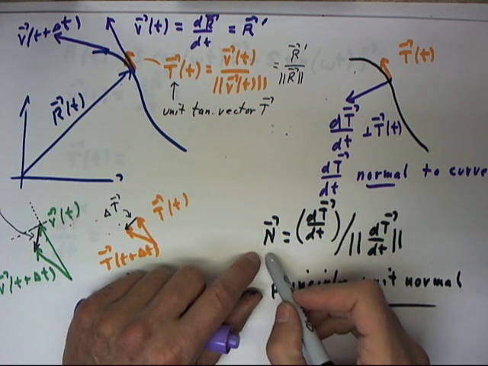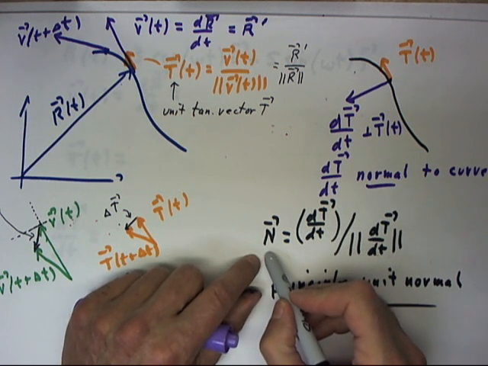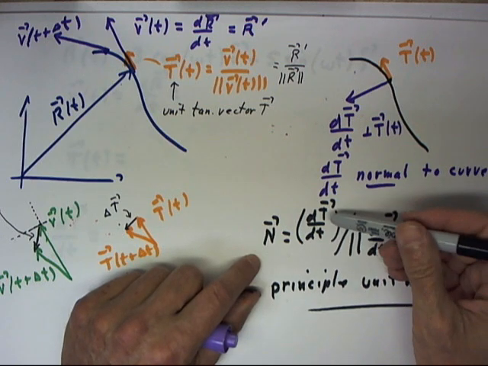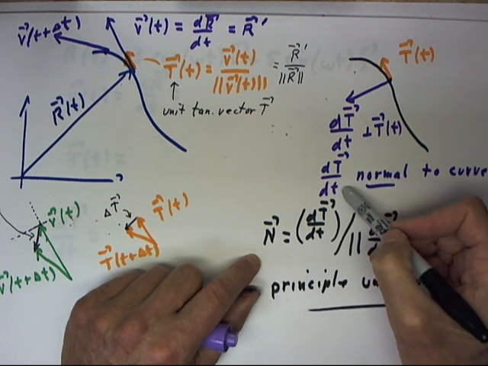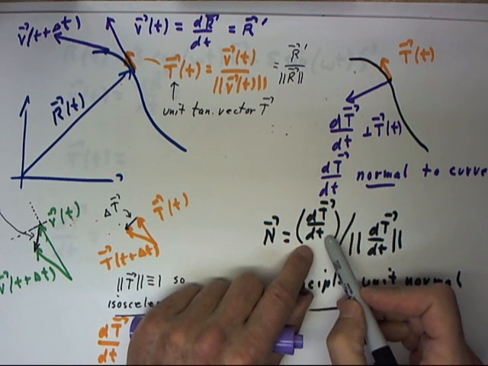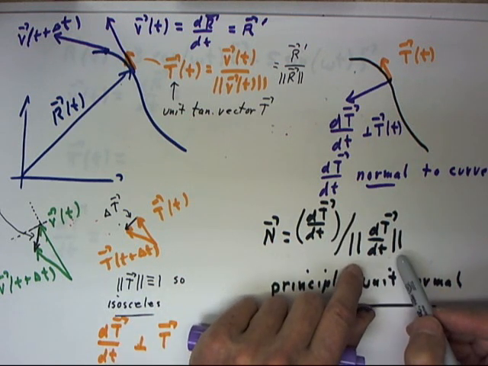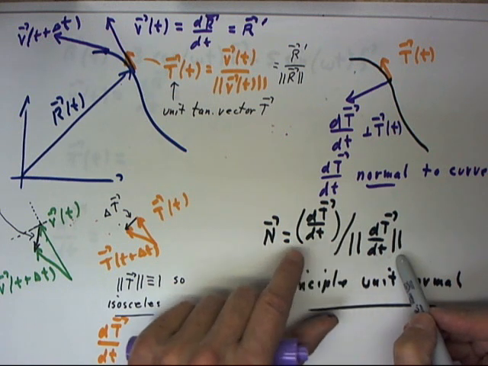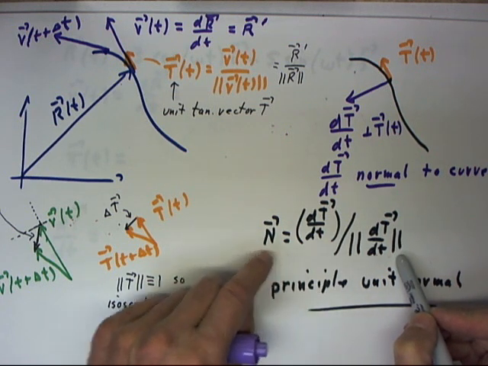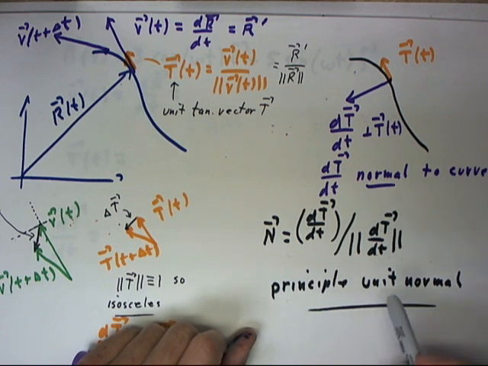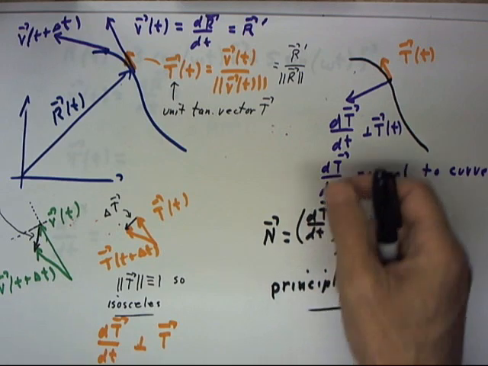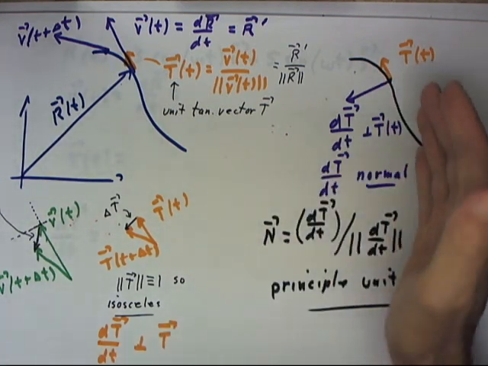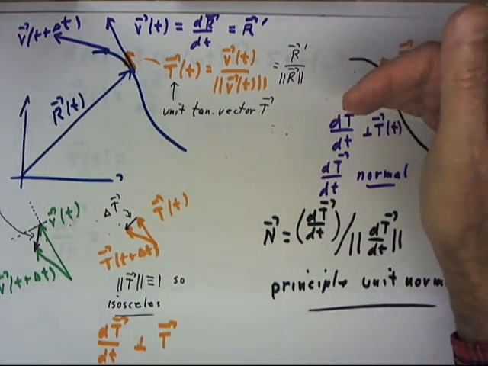So we define what we call the unit normal vector N to be the unit vector in the direction of the derivative of the unit tangent vector. Okay, the derivative of the unit tangent vector is perpendicular to the unit tangent vector. If we divide it by its own magnitude, we get a unit vector that's perpendicular to the unit tangent vector. In addition, this vector is going to point in the direction perpendicular to the curve, in the direction of the acceleration vector, if you will.